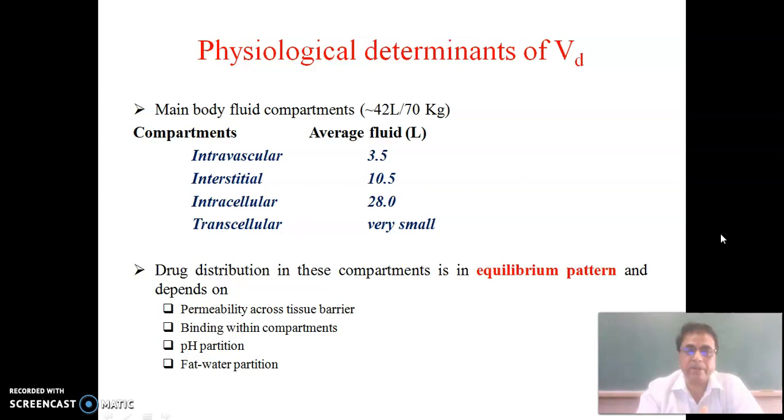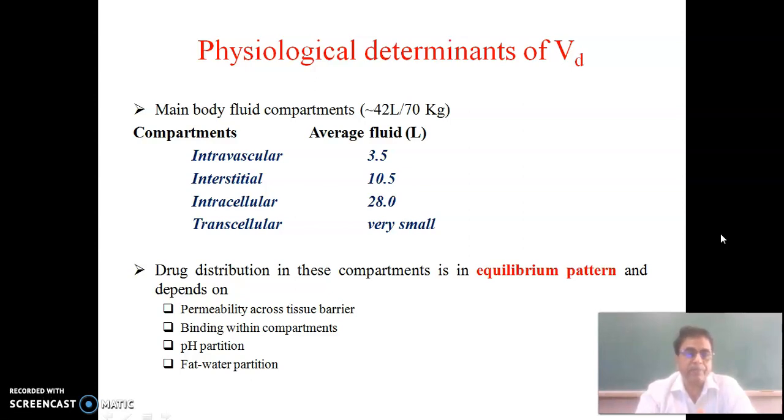But it doesn't happen. Each drug has a different volume of distribution. So this volume of distribution depends, importantly, on four parameters: permeability across the tissue barrier, binding within the compartments, pH partition, and fat-water partition.